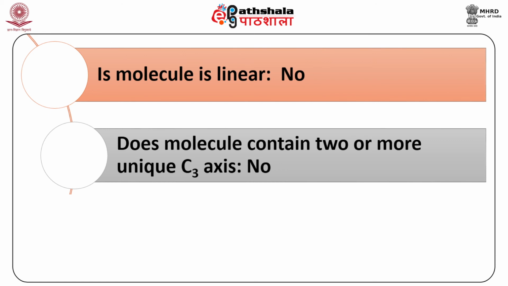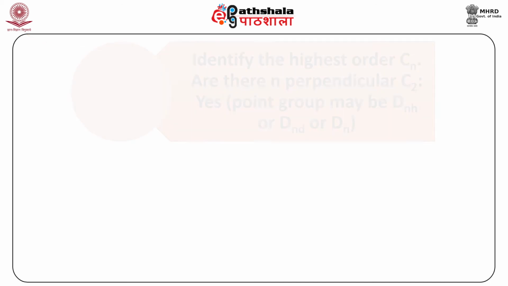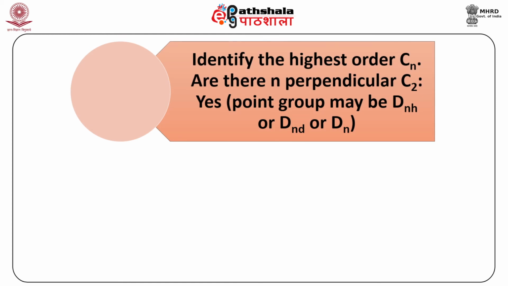Does the molecule contain two or more unique C3 axes? No, it contains two types of C2 axes. Does the molecule contain proper rotation axes? Yes, it does. Can you identify the highest order of Cn? Are there n perpendicular C2 axes? Then the answer is yes.